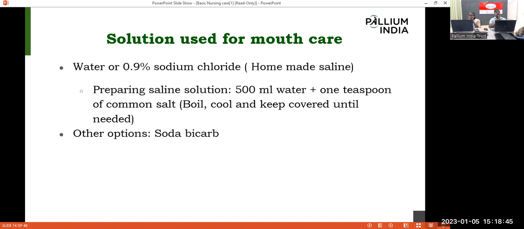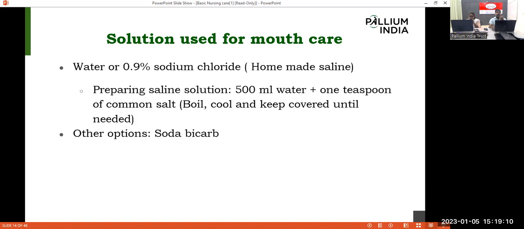So homemade saline, how it's prepared means 500 ml of water, and we need to add 1 teaspoon of common salt in that and boil it for some time, up to complete boiling. Then let it cool and keep it covered until it's needed. We need to educate them also how it's practiced, and they can use this homemade saline for the oral care.